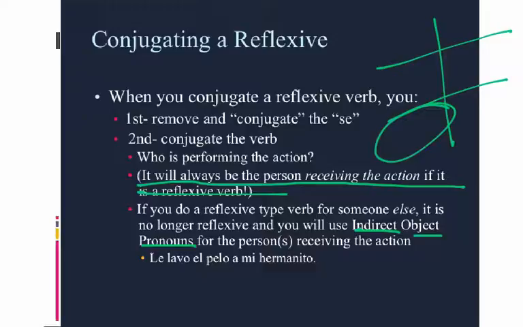So if I wash my hair, it's me lavo el pelo. Okay, but the second that I decide to wash my brother's hair, I'm still doing the washing, it's still the hair, but now my brother's involved, so it's le. Instead of me, te, se, then it's going to be me, te, le. I'm washing my brother's hair. Okay, that's an indirect object pronoun.